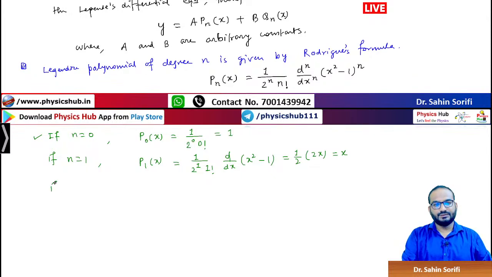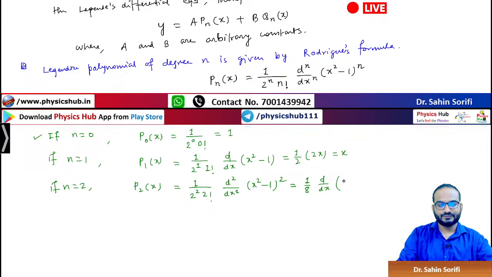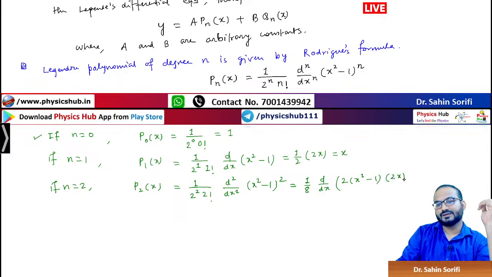Put n equals to 2. P2 of x equals 1 by (2 square, 2 factorial) d square by dx square of (x square minus 1) whole square. So this will be 1 upon 8 d dx of 2 into (x square minus 1) into 2x.